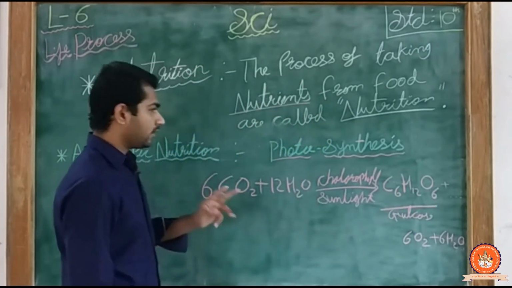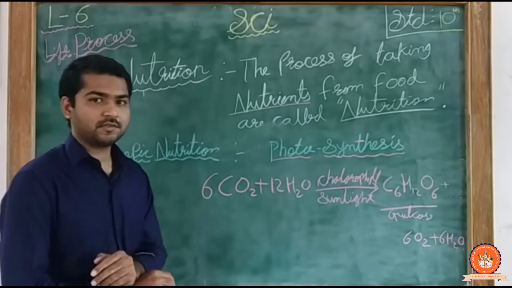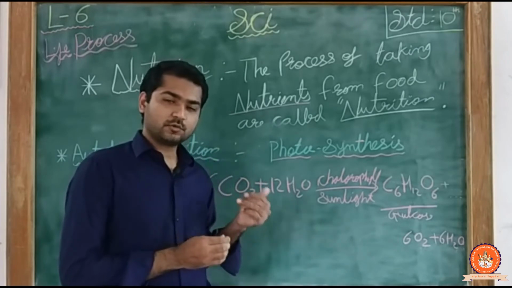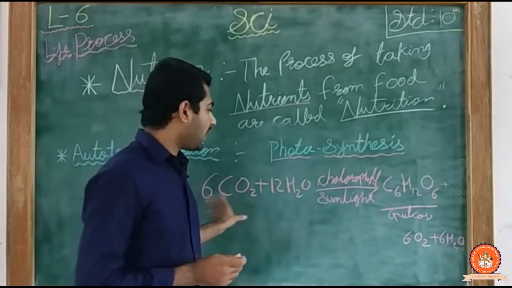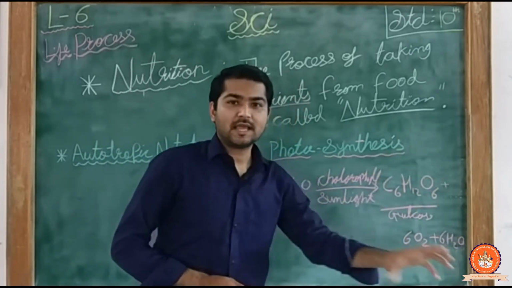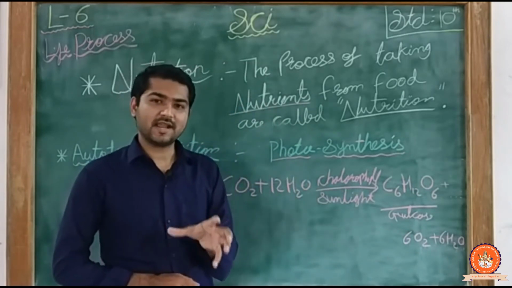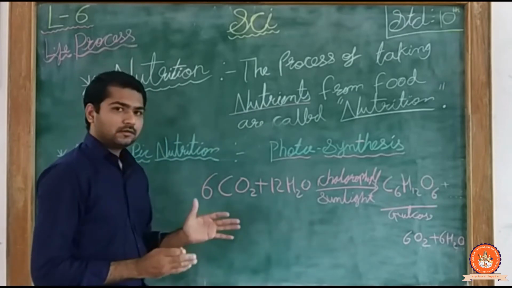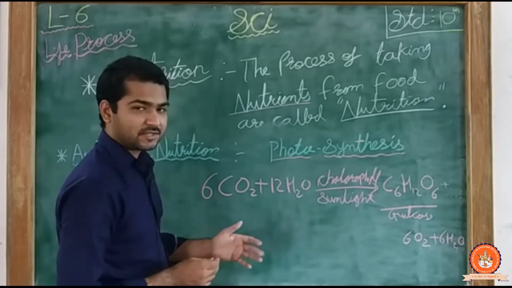So two processes occur here. First, photosynthesis gives energy to the plant, and second, the plant produces a product, that is food, that we are getting. Clear?